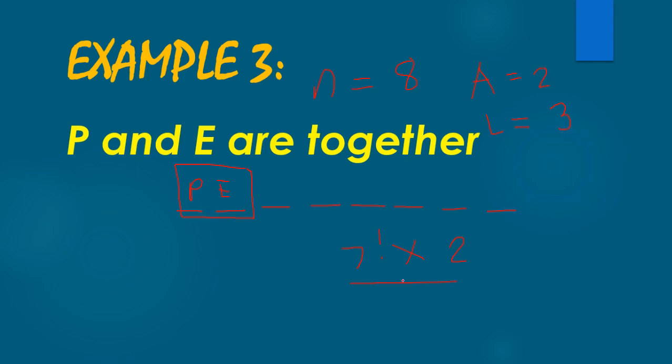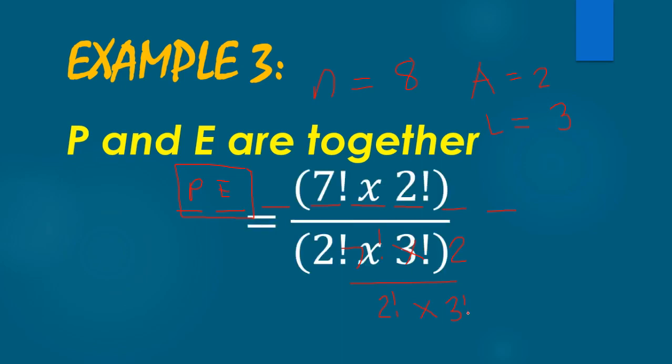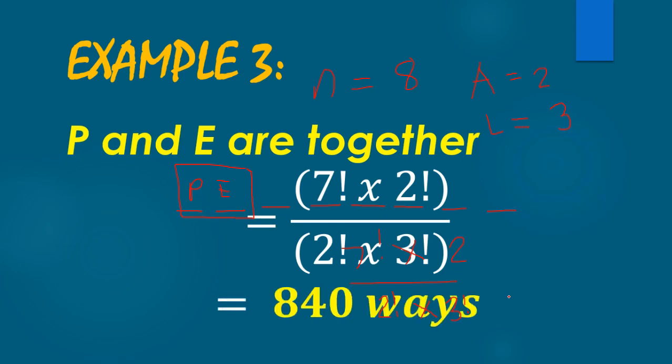So we have A, which is 2 factorial, and our L, 3 factorial. So we have 7 factorial times 2 over 2 factorial times 3 factorial. The 2 factorial will be cancelled. We'll have 7 factorial over 3 factorial, that would be equal to 840 ways.